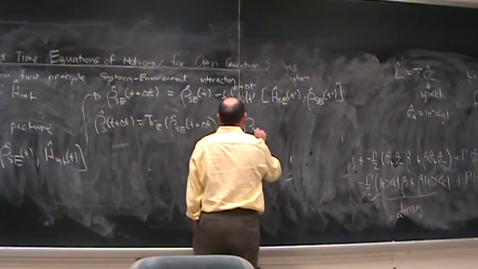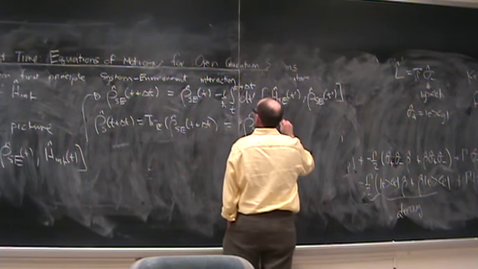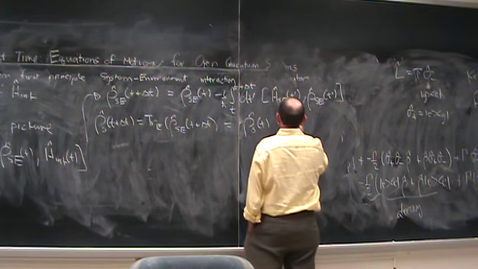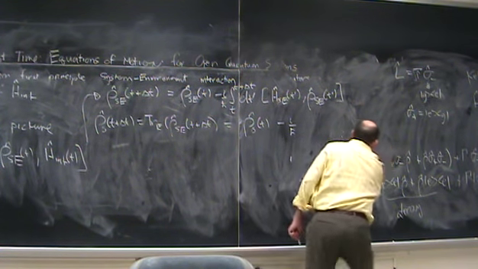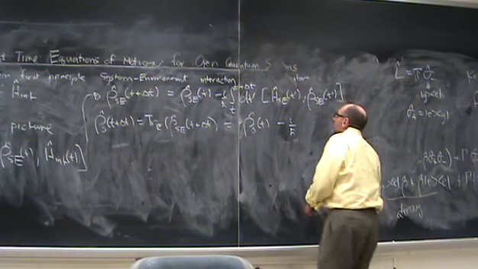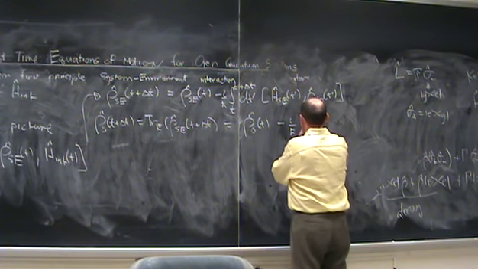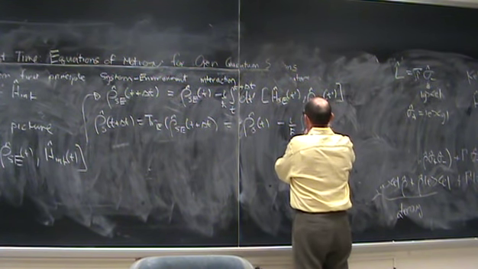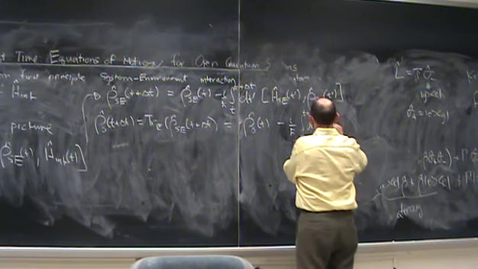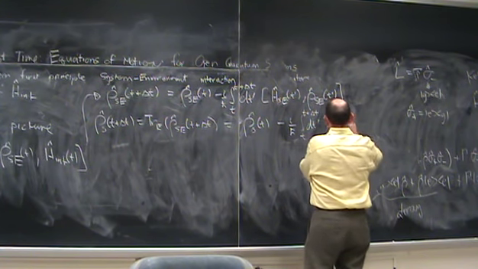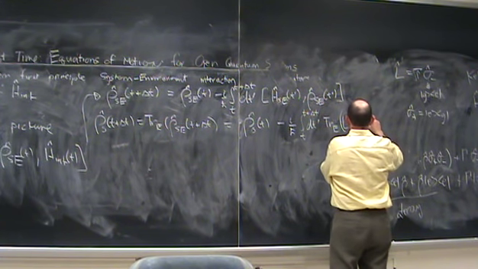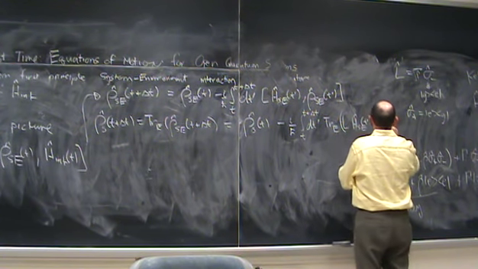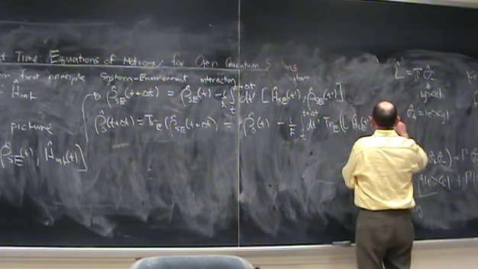So that's the system at time t, minus i over h bar, integral t to t plus dt, dt prime, the trace over the environment, of H system-environment at dt prime, rho system-environment.